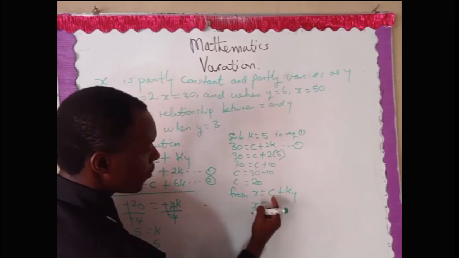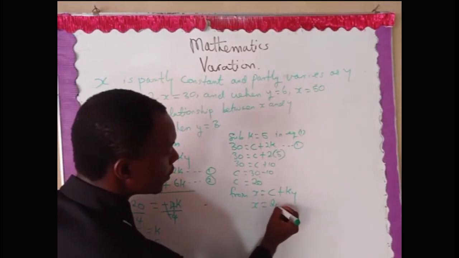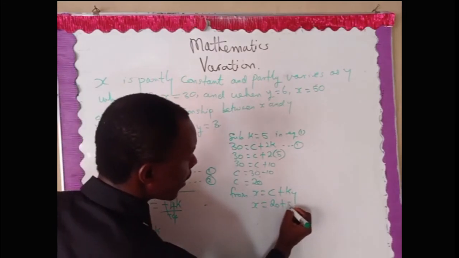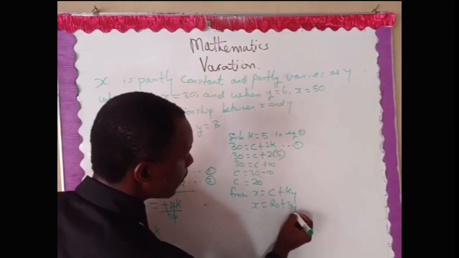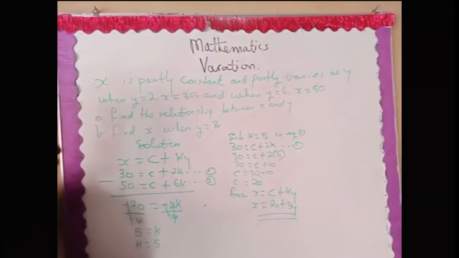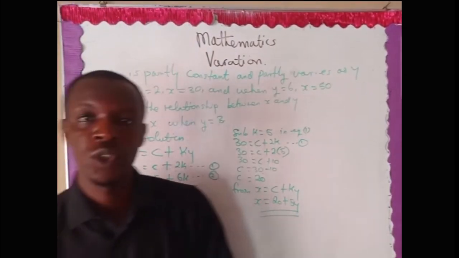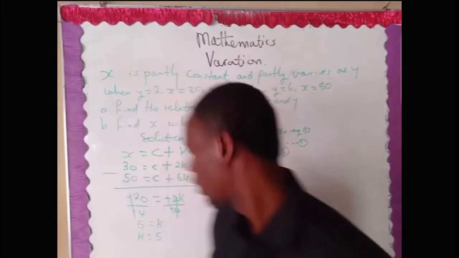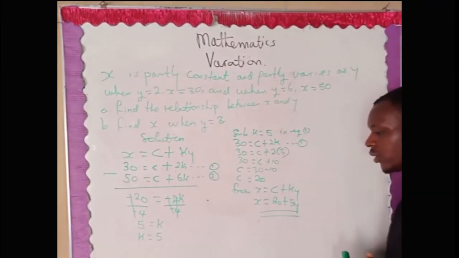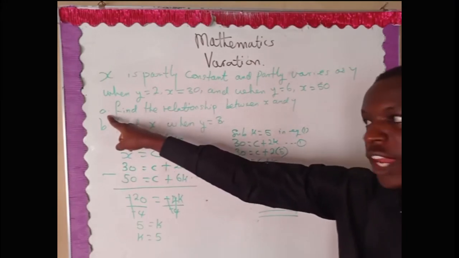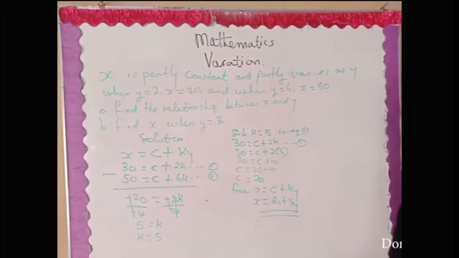S is equals to, my C is now 20, plus K, which is now 5Y. So this is my formula connecting S and Y. This is the relationship between S and Y, which is S equals 20 plus 5Y. That is question A.